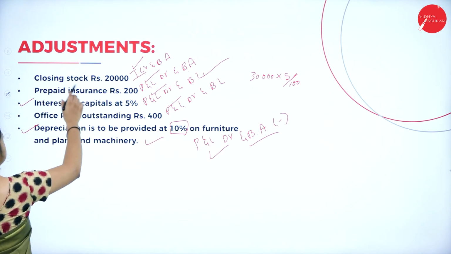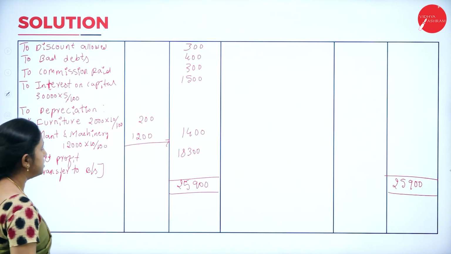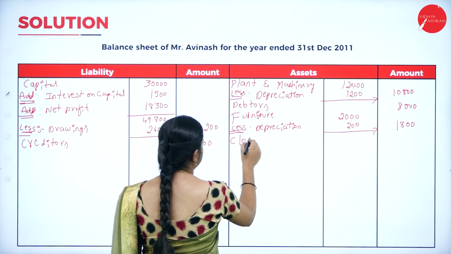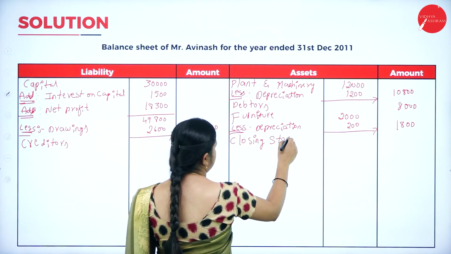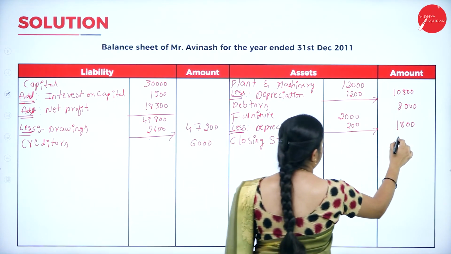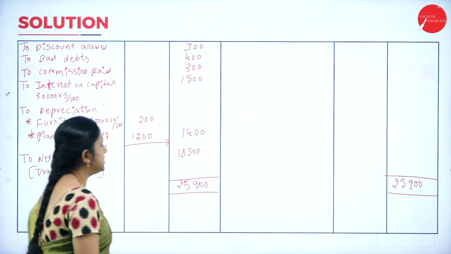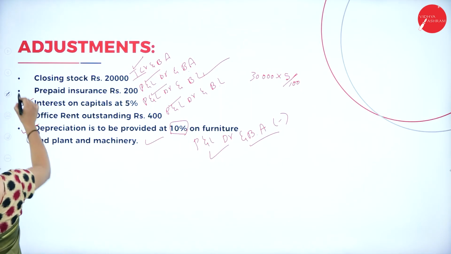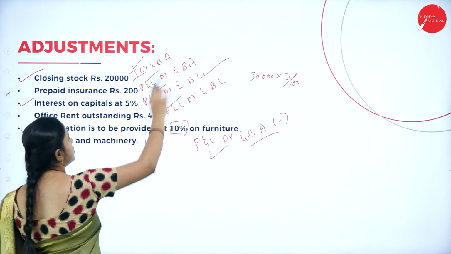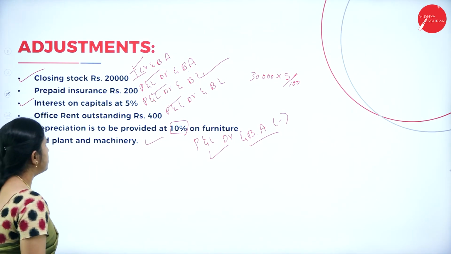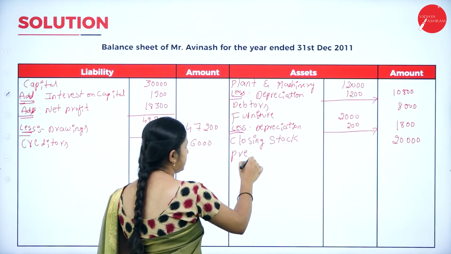Then closing stock. Closing stock balance sheet asset side 20,000. Then prepaid insurance, balance sheet asset side.